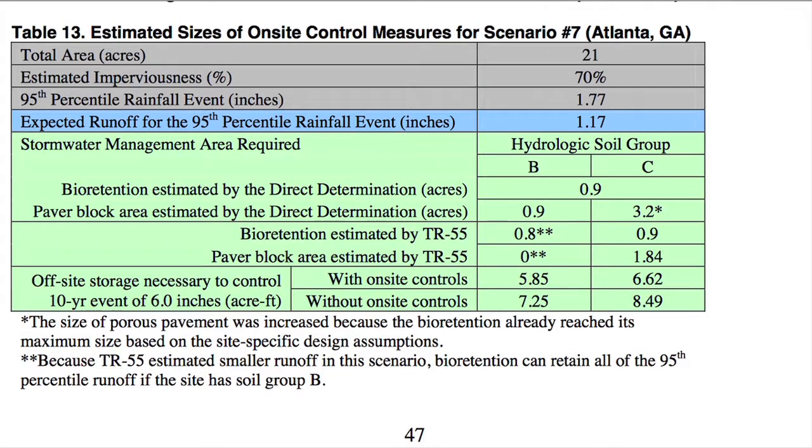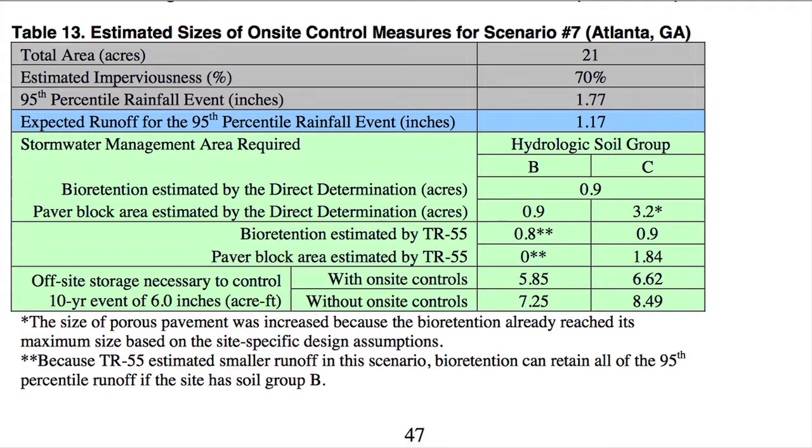For the site in Atlanta, areas of 1.8 to 4.1 acres, depending on soil type, would be required to manage the runoff discharged from a 95th percentile rainfall event. Assuming that bioretention practices are only placed in areas that are currently pervious or landscaped, a total of 6.2 acres of pervious area is available for the placement of bioretention systems.